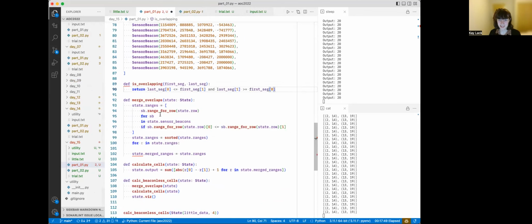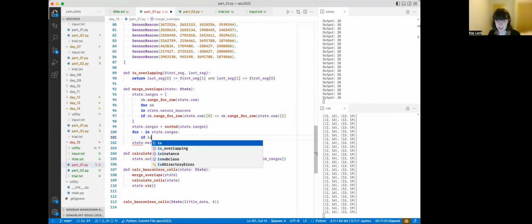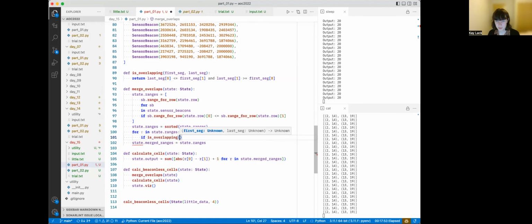Okay, so they're correct. Great. If is overlapping. I kind of want pairs, right? If is overlapping. Great. Okay. I see why this is taking a while.